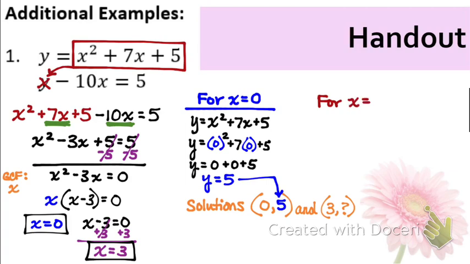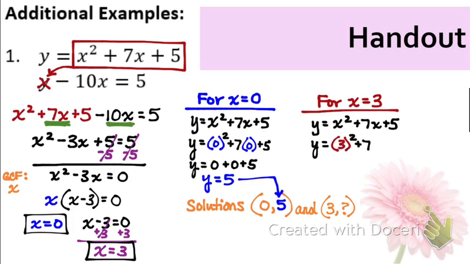For x equals 3, I'm going to do exactly what we did with the other one. What am I putting in for x this time? 3. So 3 squared plus 7 times 3 plus 5.